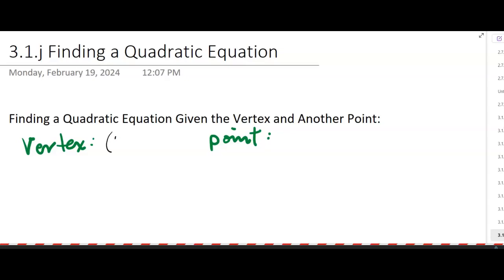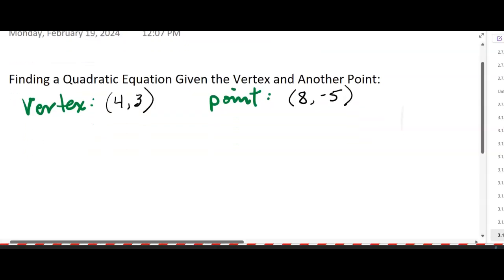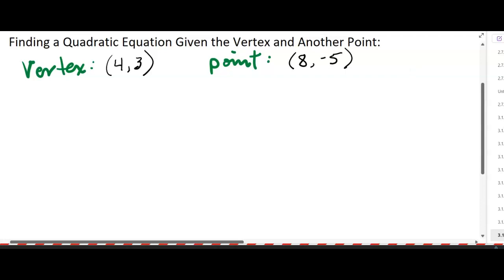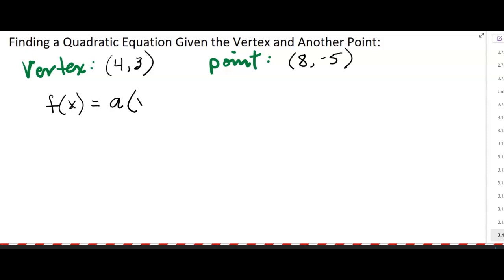Let's say the vertex is (4, 3). And let's say the point is (8, -5). All right. So go to your vertex form. It says f of x is equal to a times (x minus h) squared plus k.